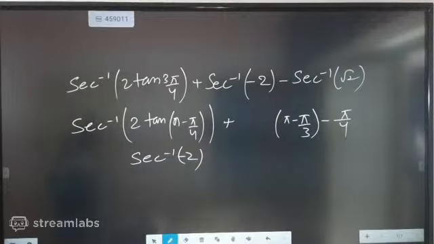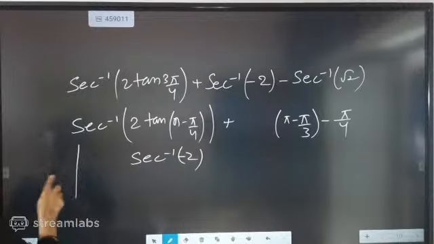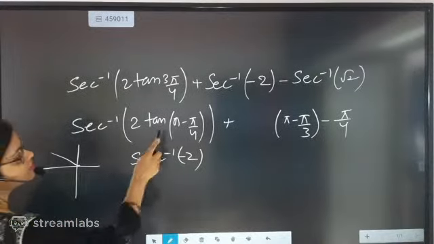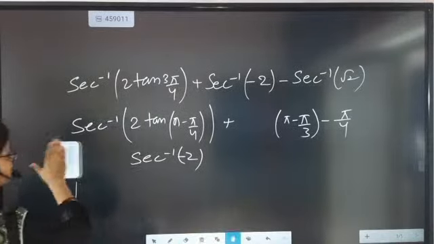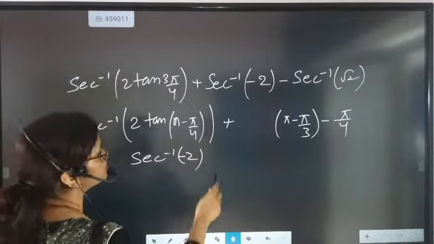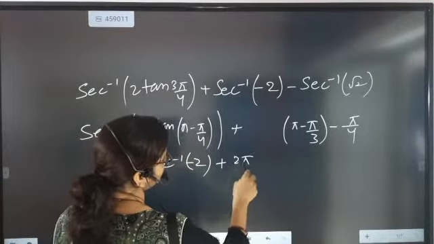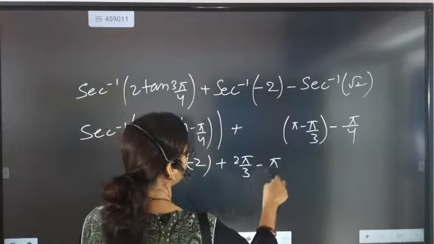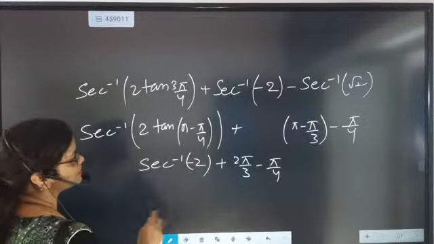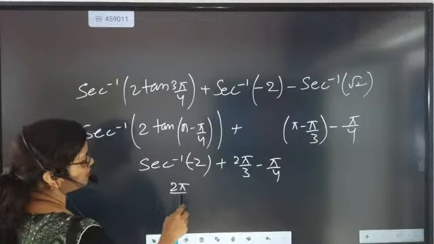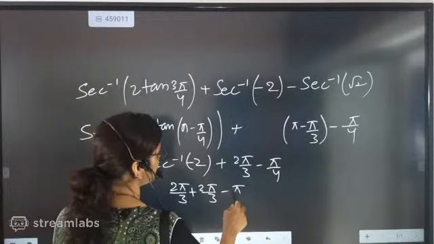Wow, very good. Change of answer. Why change of answer? 180 minus theta, second quadrant, so tan will exactly give minus 1. When tan gives minus 1, then here it will become secant inverse minus 2. So here it will become 2 pi by 3 minus pi by 4. Secant inverse minus 2 is 2 pi by 3, plus 2 pi by 3, minus pi by 4.